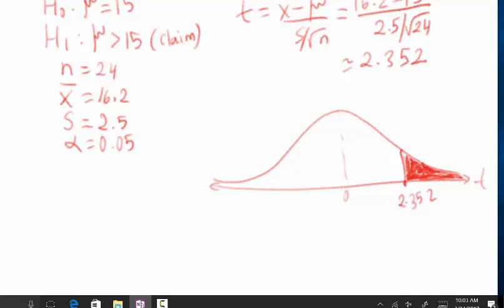And this shaded area, guys, is what we call the p-value. The p-value is the probability of obtaining sample statistics as extreme or more extreme than the one that we obtained from the sample. More extreme here goes to the right because we are doing a right tail test. And the p-value here turns out to be, I think I have the answer, 0.0138.